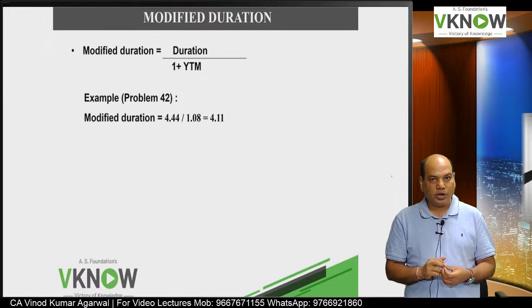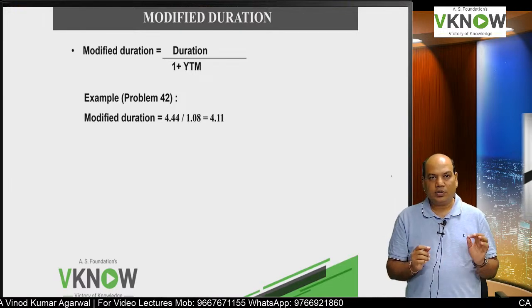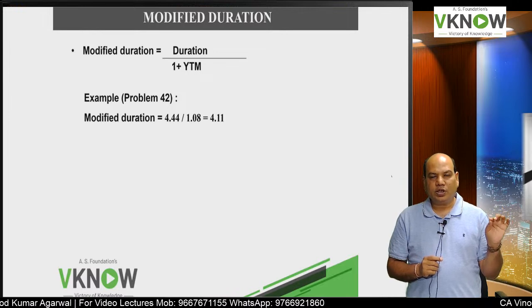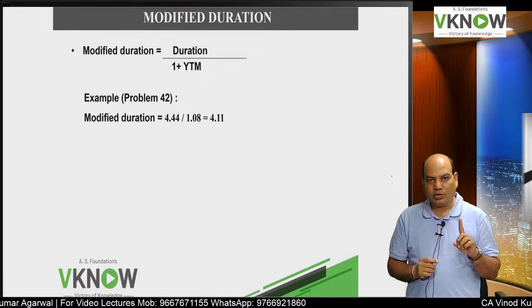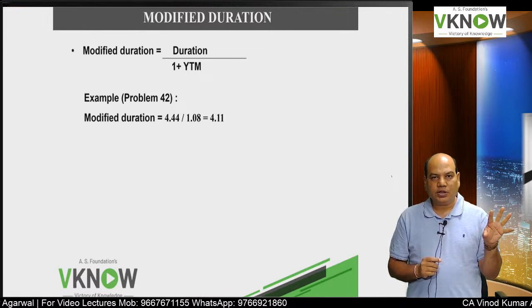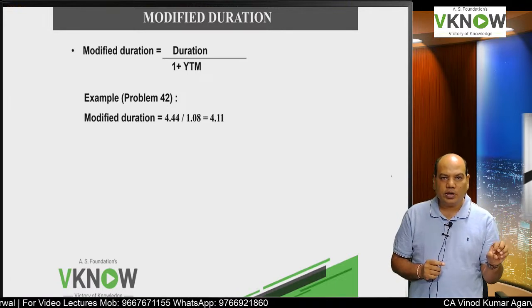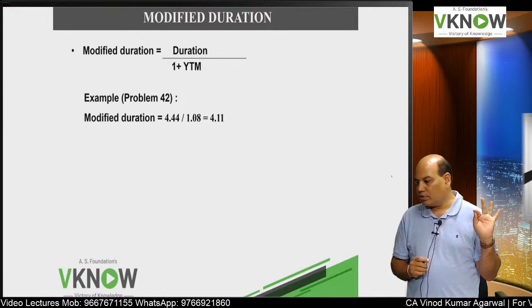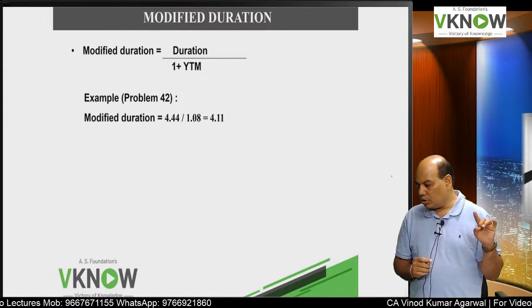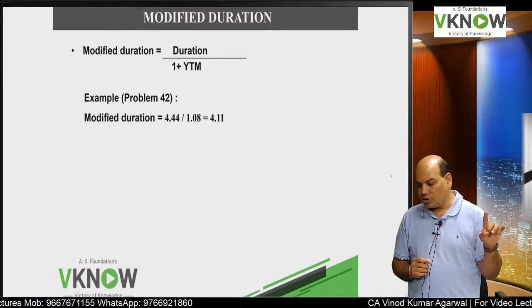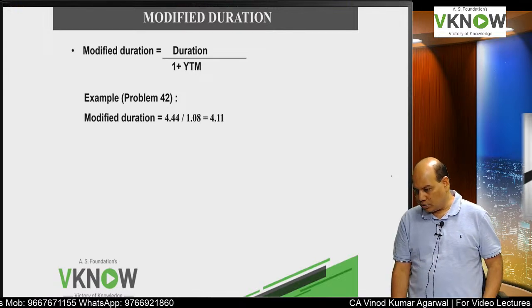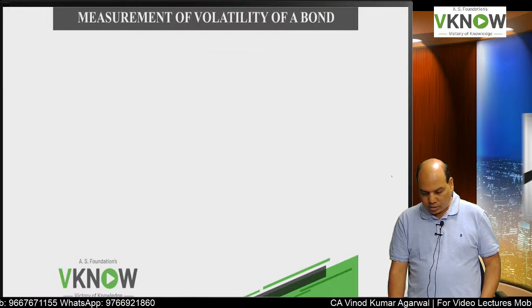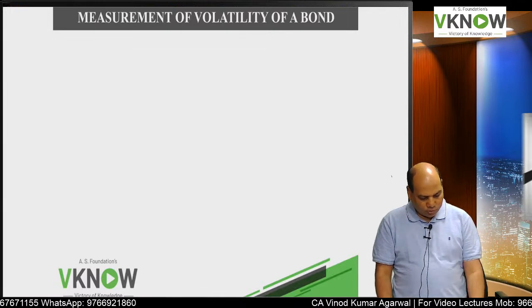Modified duration is 4.11, which means that if YTM changes by 1% from here, bond price will change by approximately 4.11%. Now next paragraph in your book.